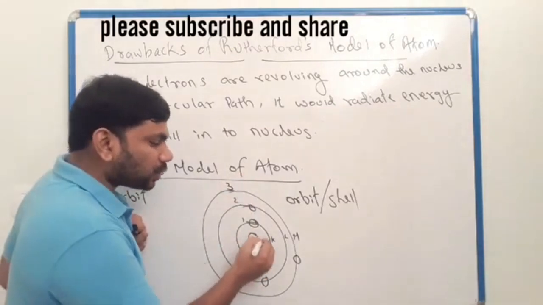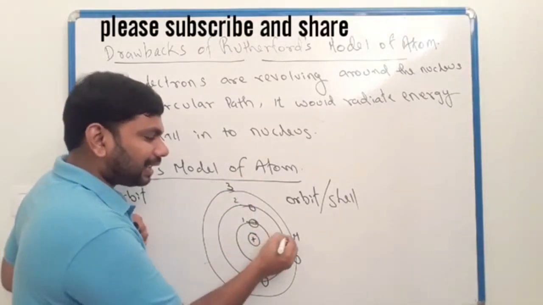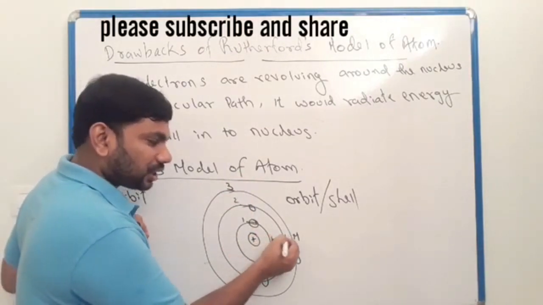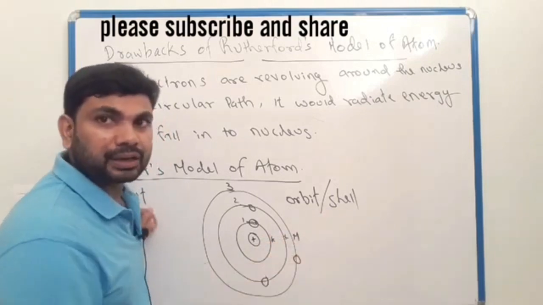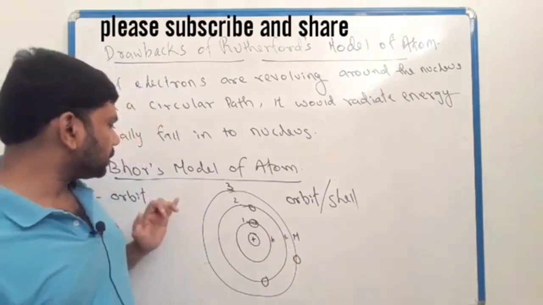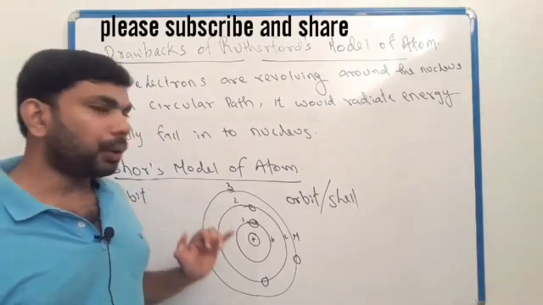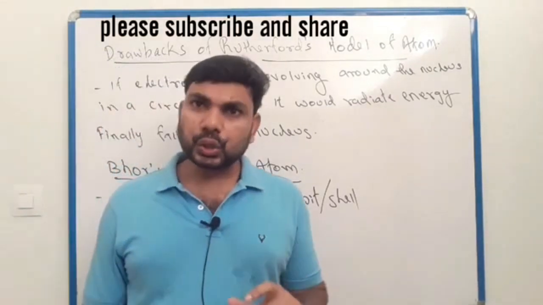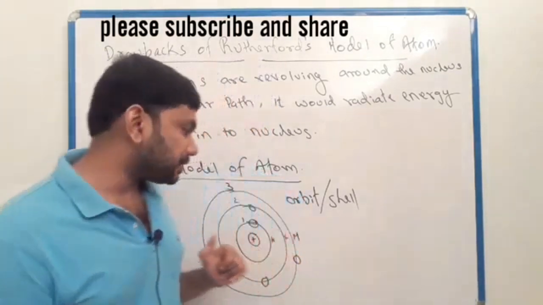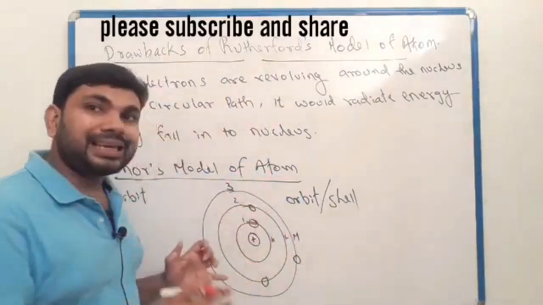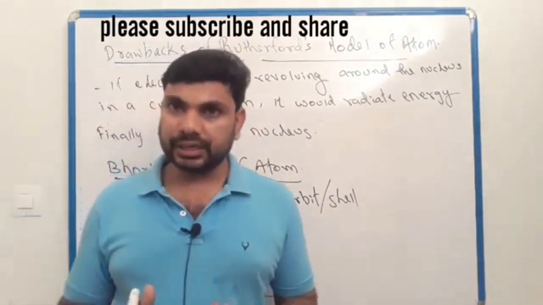They can also be represented as K shell, L shell, M shell, etc. Clear? So this is the Bohr model of atom.